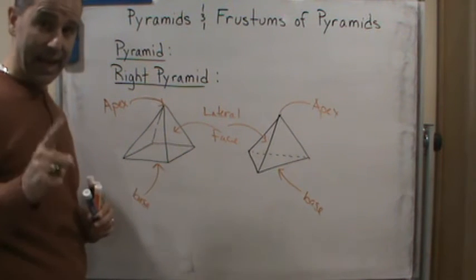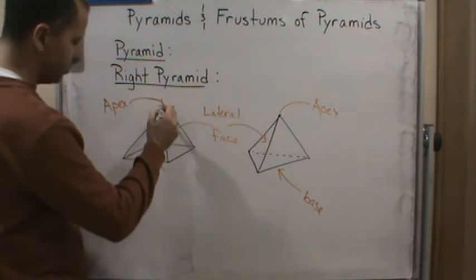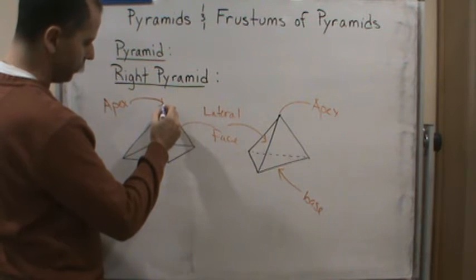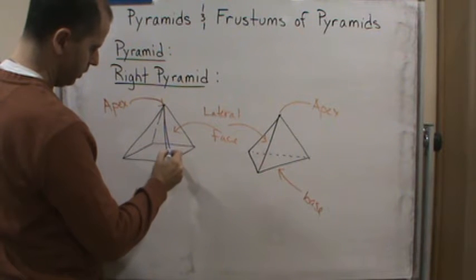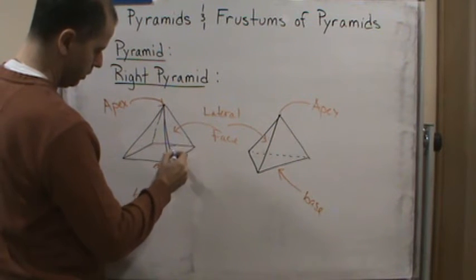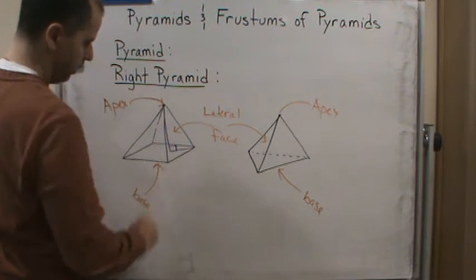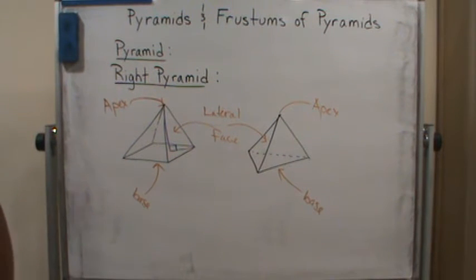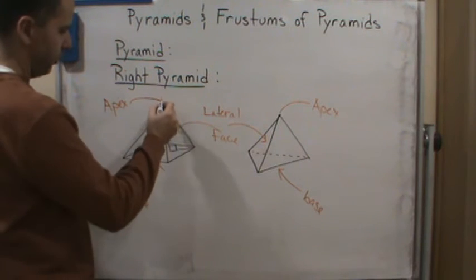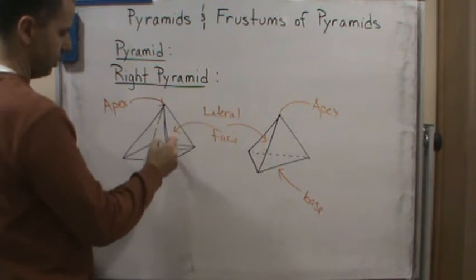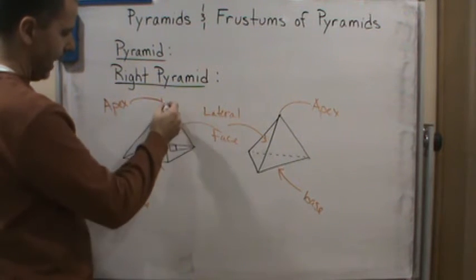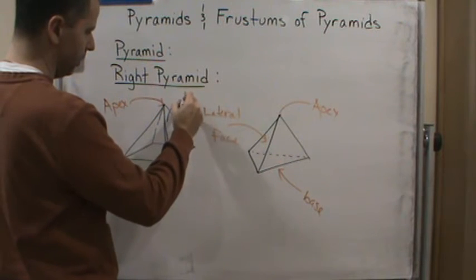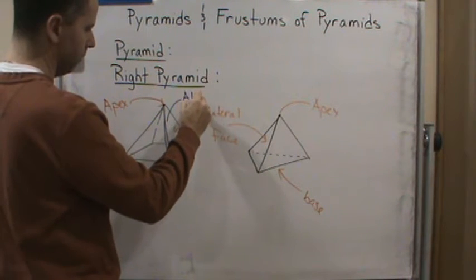The altitude is the height of the pyramid, and the altitude is the perpendicular line that goes from the apex all the way down to the base. So again, my picture notwithstanding, if you draw a line from the apex perpendicular to the base, that measurement, this altitude, is also the height of the pyramid.